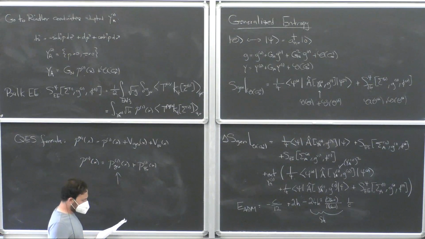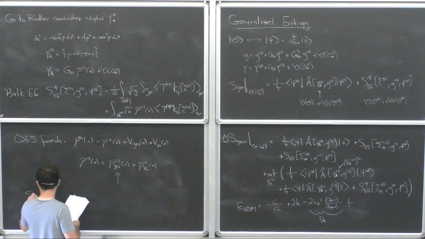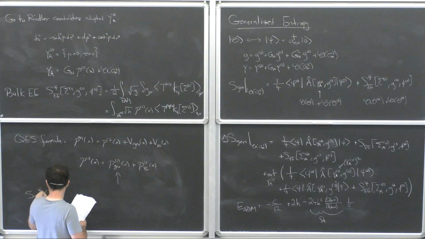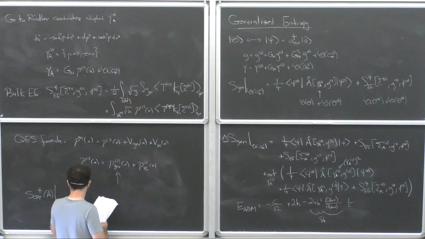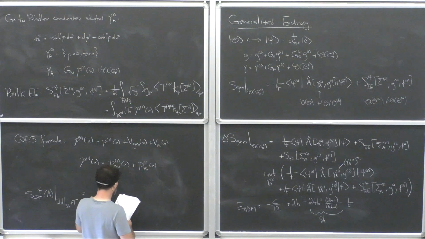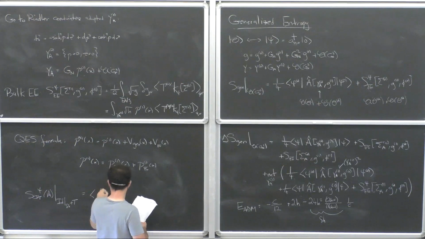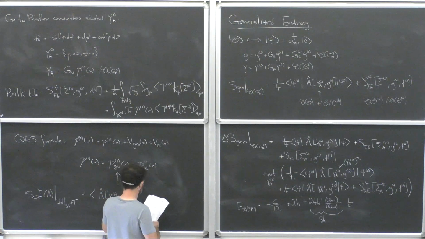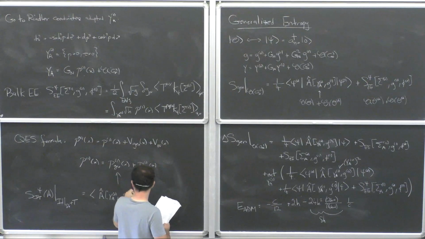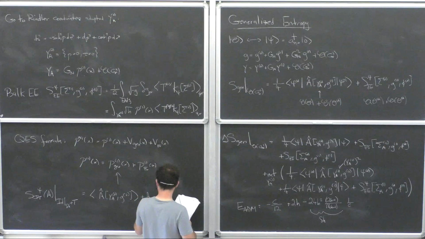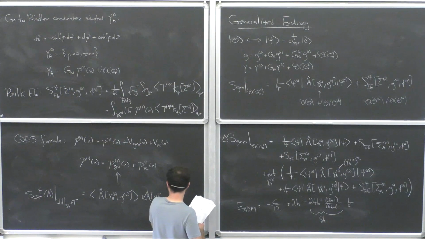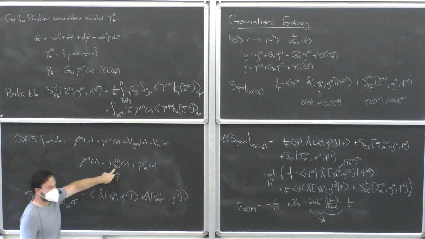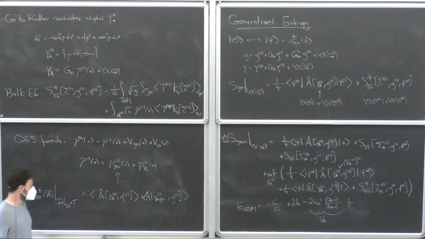Okay, so maybe I'll just write that, and then I'll conclude. So this gamma A GO1 is this rho GO1 piece.